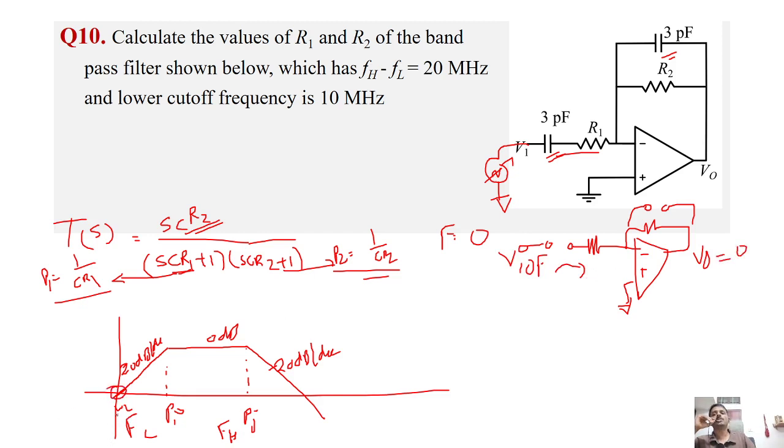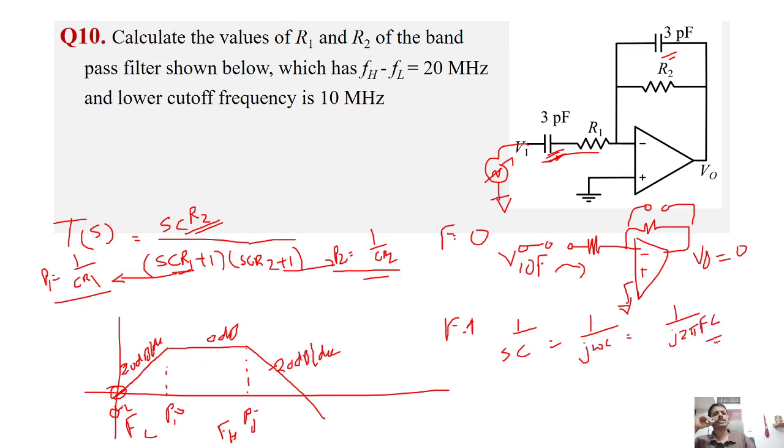At frequency equal to 0, the transfer function T of S will be equal to 0. Now when the frequency is increased, what happens? There is an impedance across the capacitor, that is 1 by SC, that is 1 by j omega C, or 1 by j 2 pi fC.